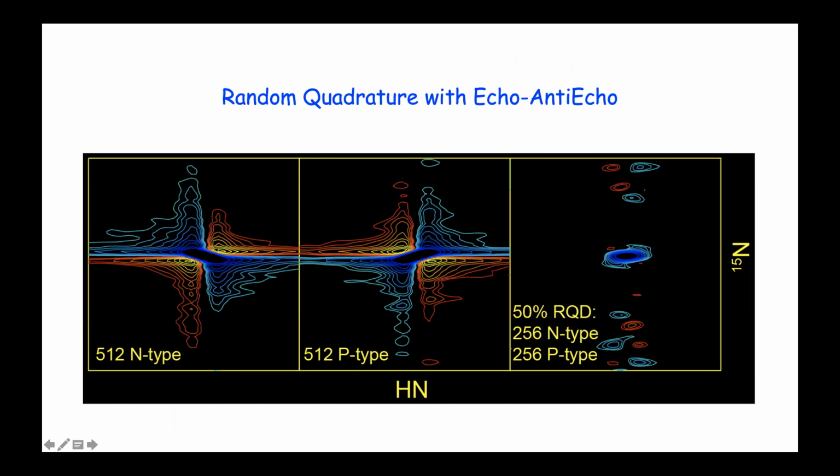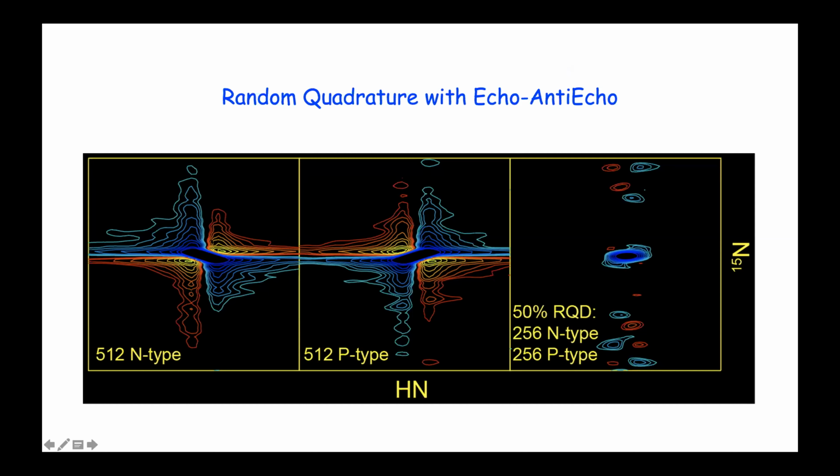And as I show you here, for example, I have 512 complex data points in the indirect dimension. If I keep 512 echo points completely and set the anti-echo to 0, I get something like that. But if I do the opposite, I get something like this.